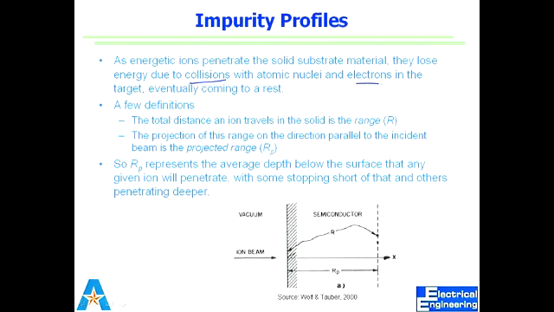So R_P represents the average depth below the surface that an ion will penetrate. Not every ion will penetrate to the same depth, which is why you have to define an average. When you take an average of some numbers, what is the other important factor you need to know? Deviation.